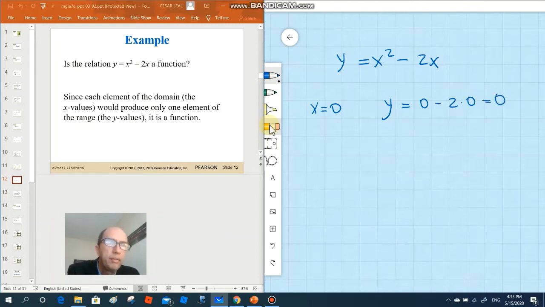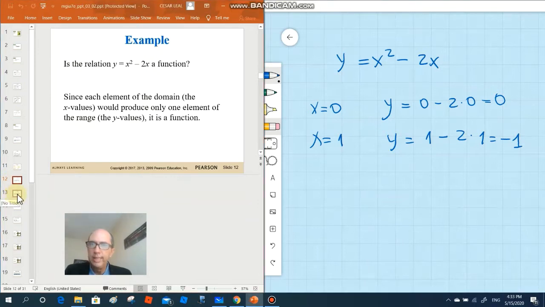Only one y. For x equals 1, y equals 1 squared is 1 minus 2 times 1 equals -1. That means only one y. Since each element of the domain would produce only one element of the range, it is a function.